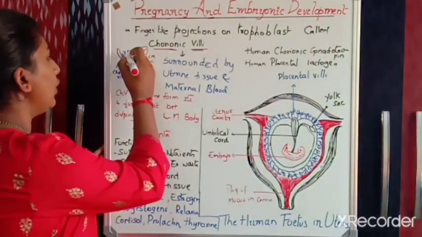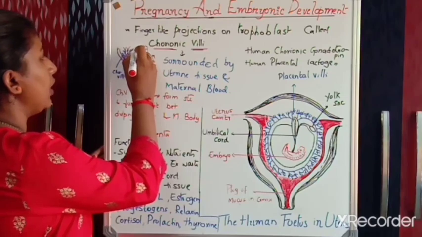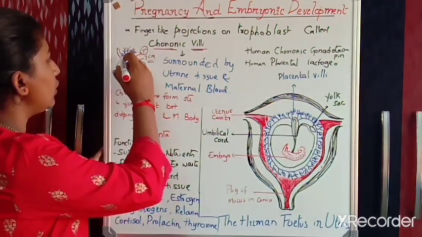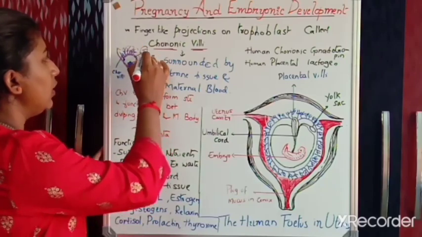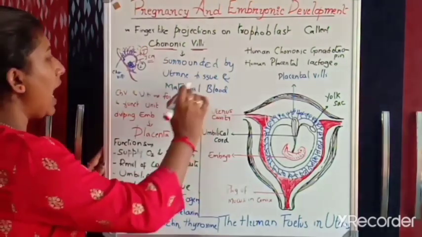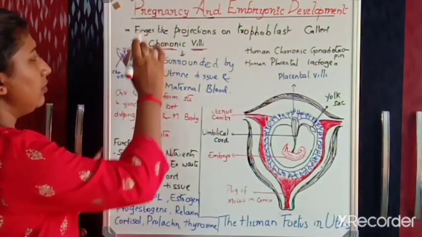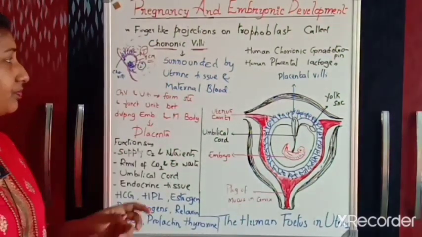And this chorionic villi, can you see this picture? Okay, this chorionic villi is surrounded by uterine tissue, so there will be tissue present here which is called uterine tissue, and it is also surrounded by maternal blood. Here will be maternal blood. Okay, clear?